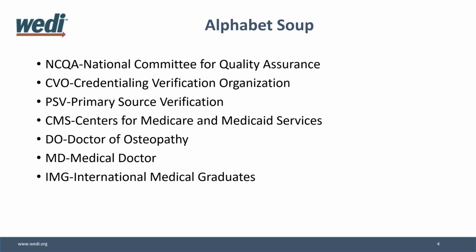So we'll talk more about that later on as we get into the second series of provider credentialing. Again, this is first of many series and wanted to start off with the acronyms.